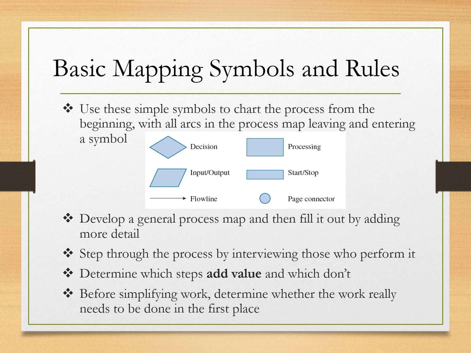Interview people who do the work, and we also need to distinguish value-added from non-value-added steps. And last but not least, we need to question whether the work needs to be done in the first place or not.